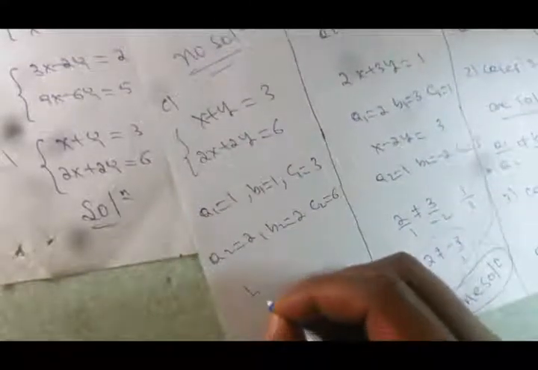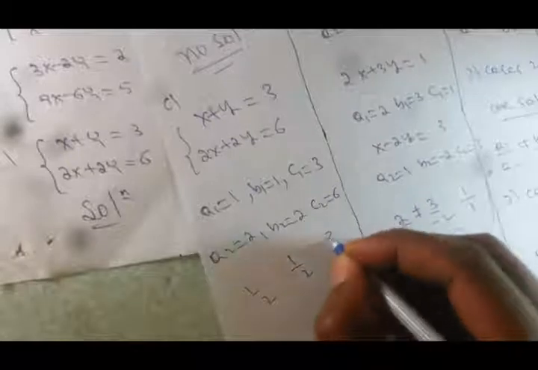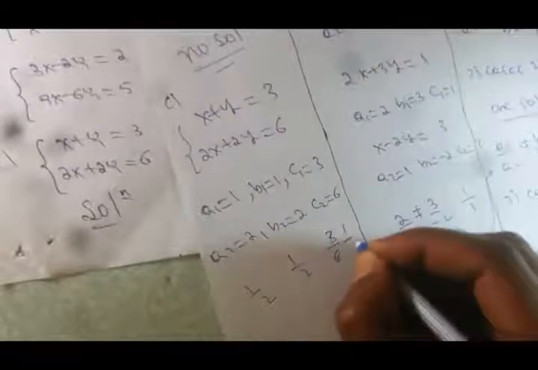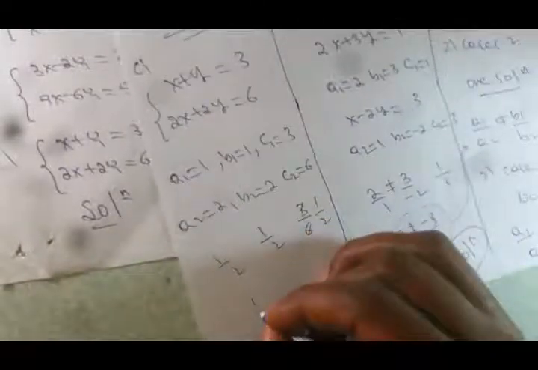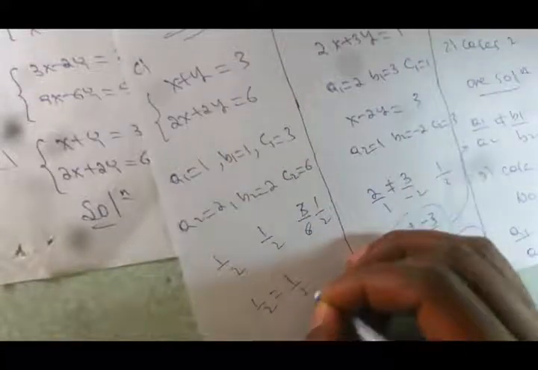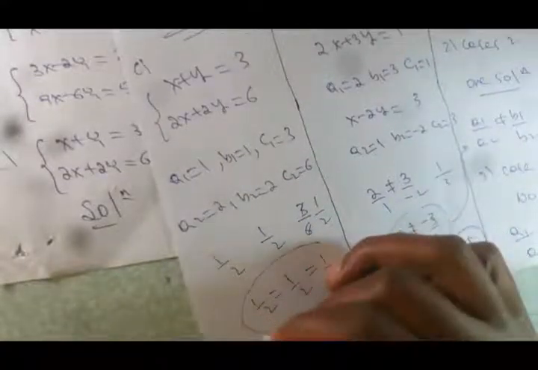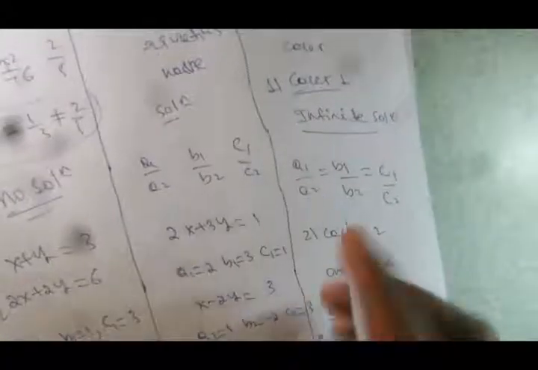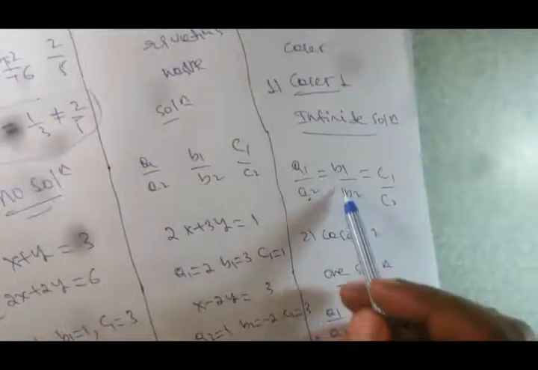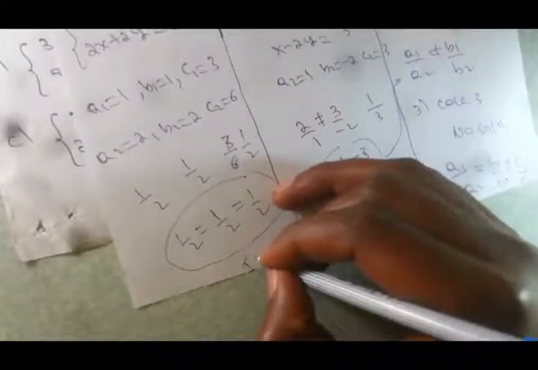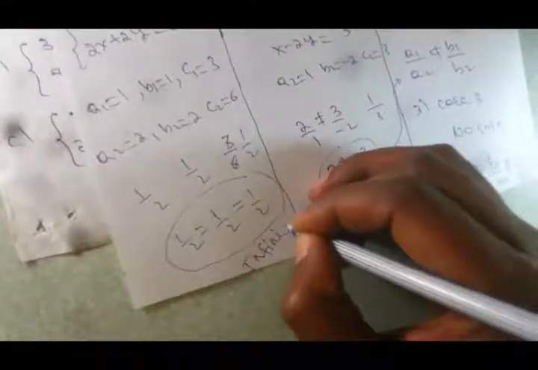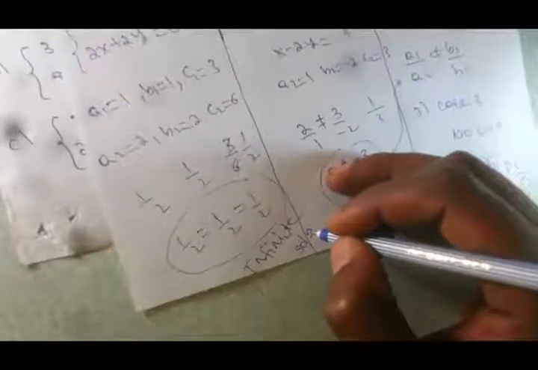Therefore, 1 divided by 2, 1 divided by 2, 3 divided by 6. This is equal to 1 over 2 in every case. When all of them are the same, from case 1, when a1 over a2 equals b1 over b2 equals c1 over c2, it has infinite solutions. The system of equations has infinite solutions.